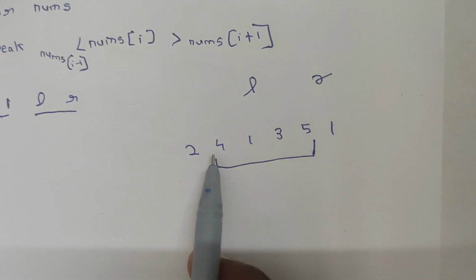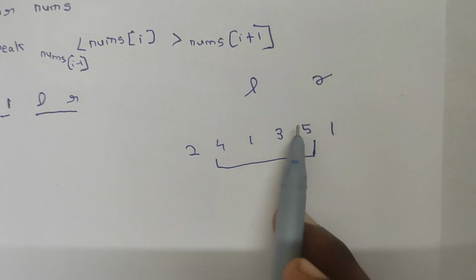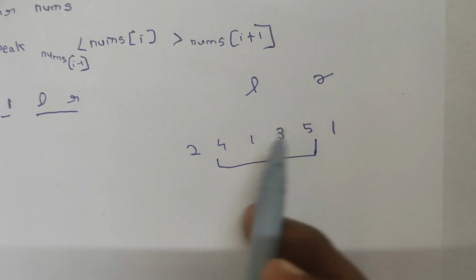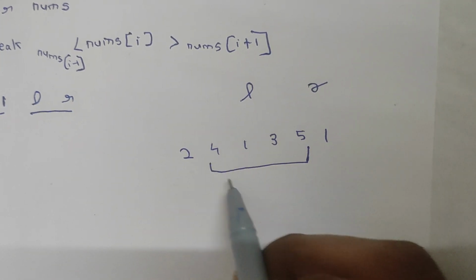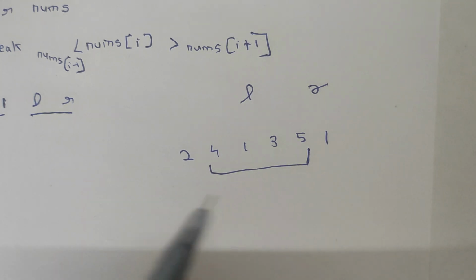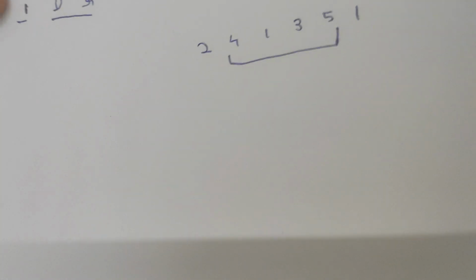But when we consider this particular range, 4 and 5 are not peaks because they are at the ends: one doesn't have a value to the left side, and the other doesn't have a value to the right side. So these are not peaks in this range, even though they are peaks in the entire array. That is one thing to note.